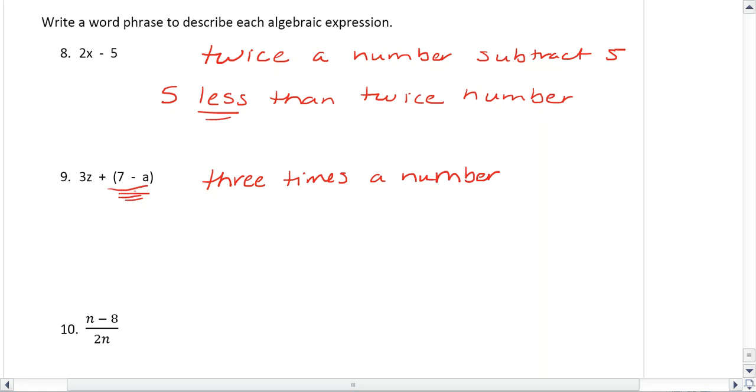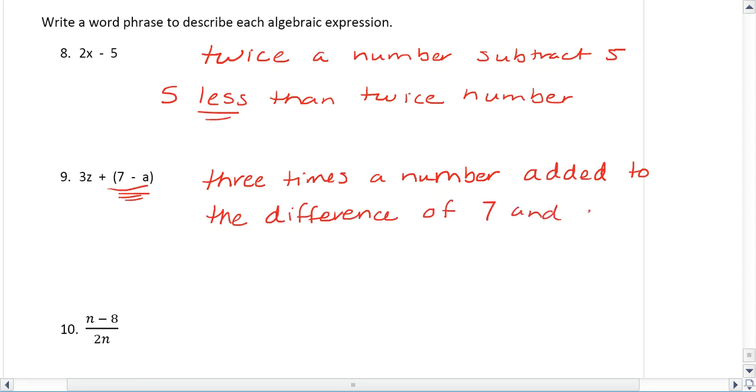So we're taking 3 times a number added to, or increased, or there's many different ways to say addition, 3 times a number added to the difference of 7 and a. When you say this word difference, that's indicating that we have to protect this difference with parentheses.